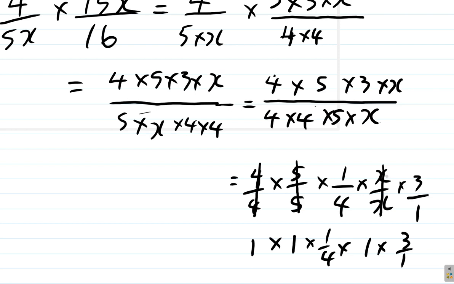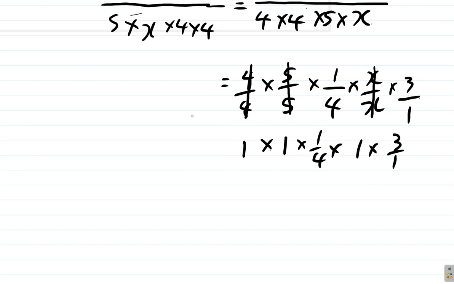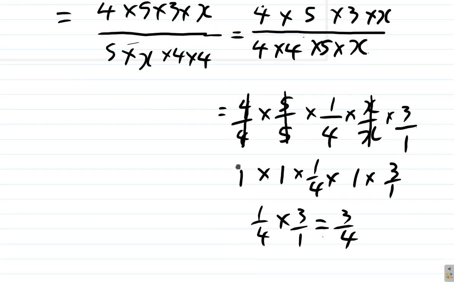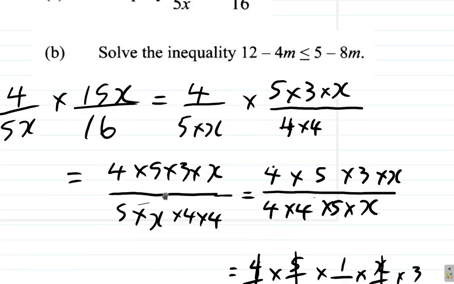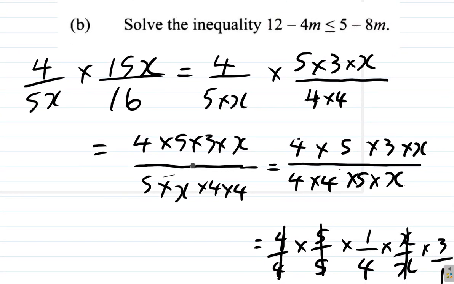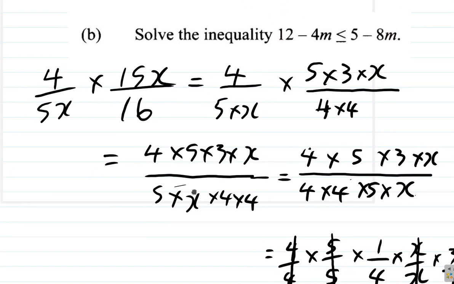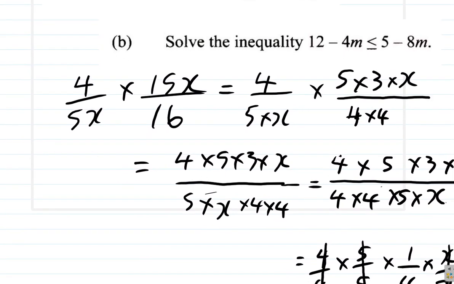So now, what you have left is a quarter multiplied by 3 divided by 1, which is 3/4. So it's 3/4 you get as the answer. As I said before, you could have cancelled quickly from the start, right?